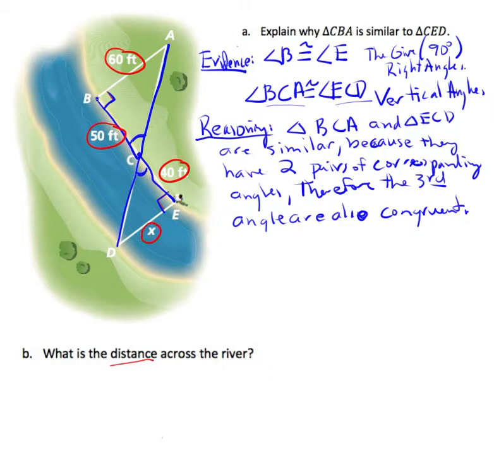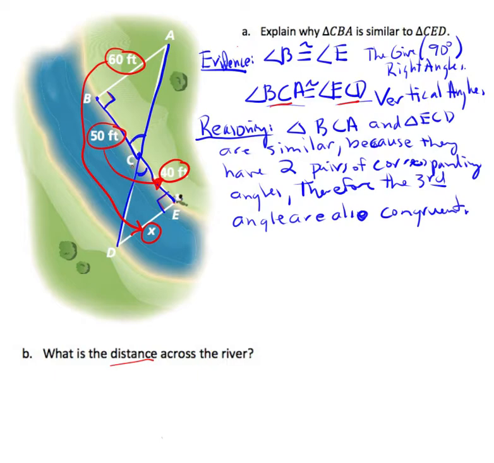So I noticed that BC is congruent, when I did my evidence up here, to the 40, because it's the same corresponding side as EC. So when I wrote that angle right here, BC is the same as EC. So that means that the 60 corresponds with the x.